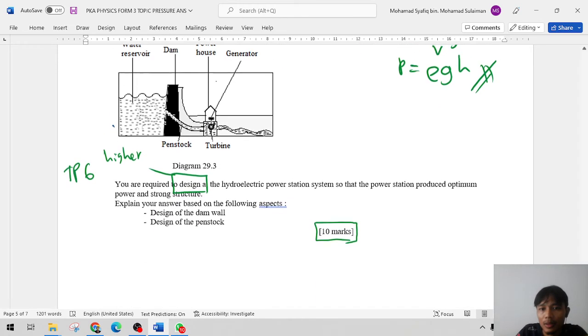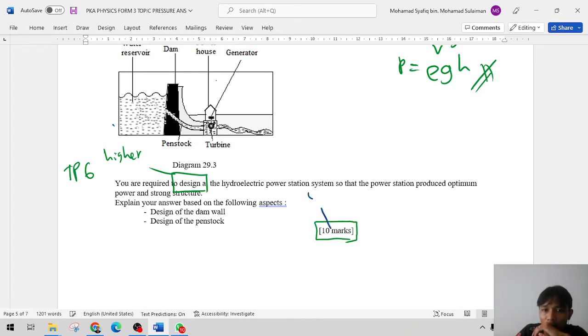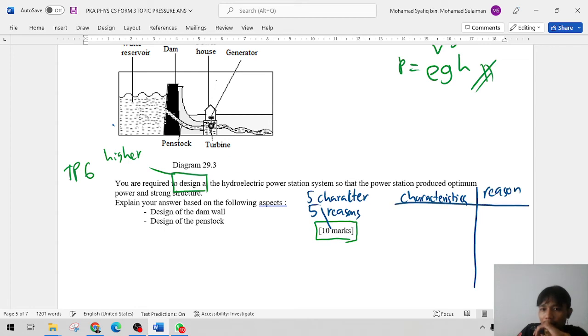Okay, so 10 marks comes from 5 characteristics with 5 reasons. So we have the characteristic, and then the reason why we design it that way. The first one, I think we should make the dam wall higher, so that we get higher water to fall, so we get higher velocity.